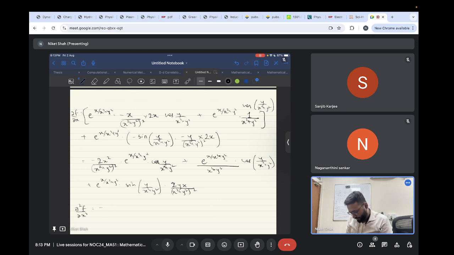So minus 4x over x square plus y square, the whole square, e to power x divided by x square plus y square, cos y divided by x square plus y square. The first term.